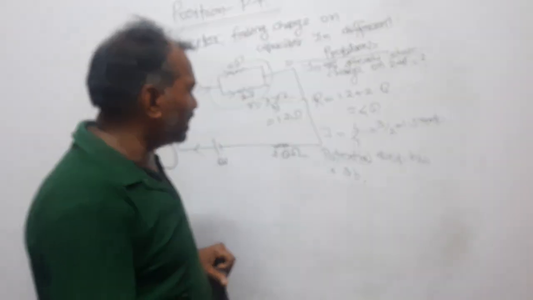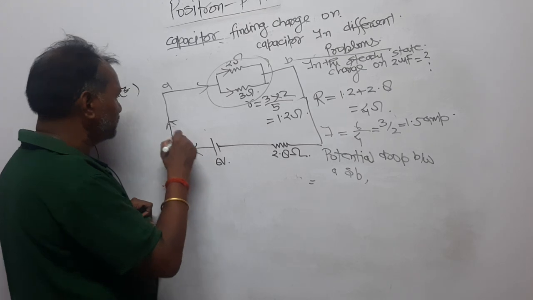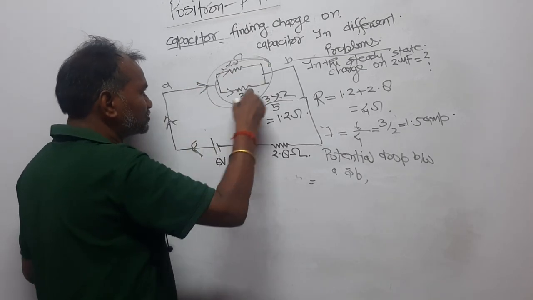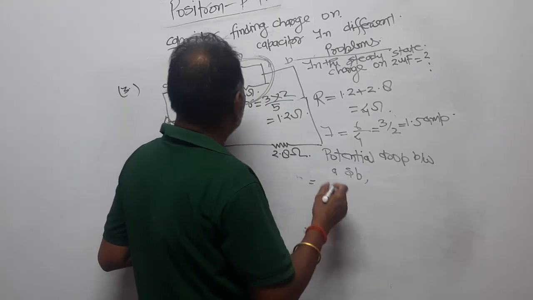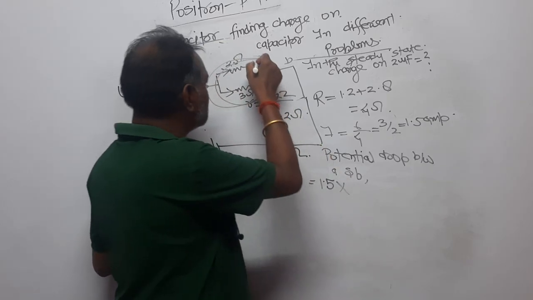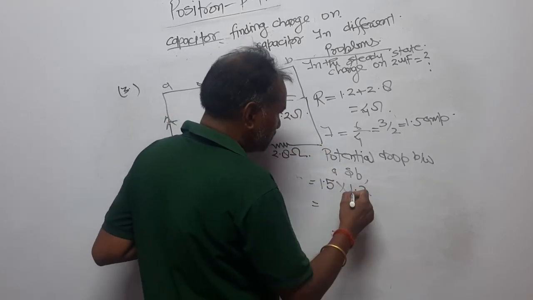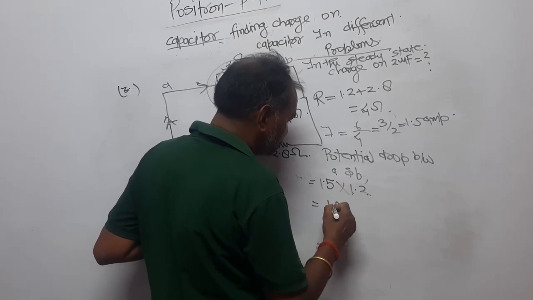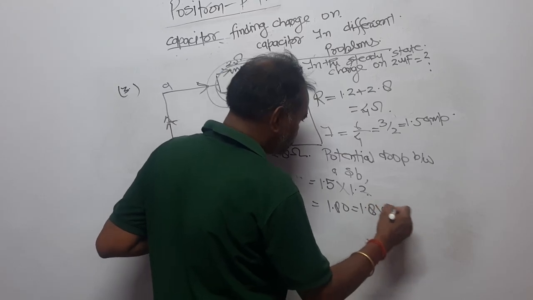V is equal to I into R. Whatever current is released from the battery, the same current will pass through this combination. So V is equal to I, which is 1.5 ampere, and the resistance of this equivalent is 1.2, so 1.5 times 1.2 is 1.8 volt.